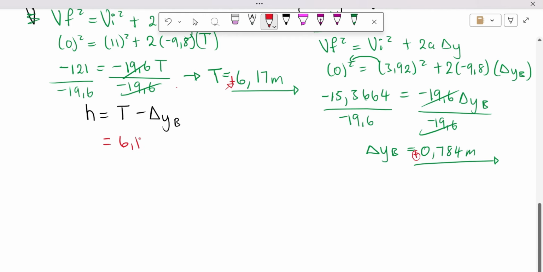That's 6.17 minus 0.784. That gives me a value of 5.386 meters. And that is our height H.